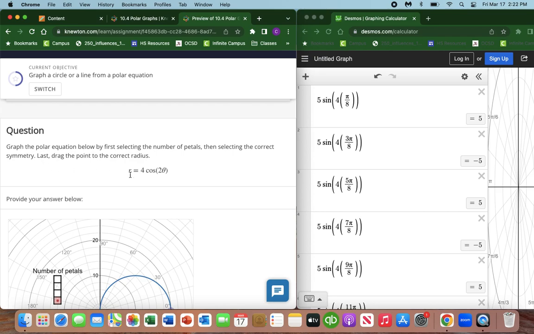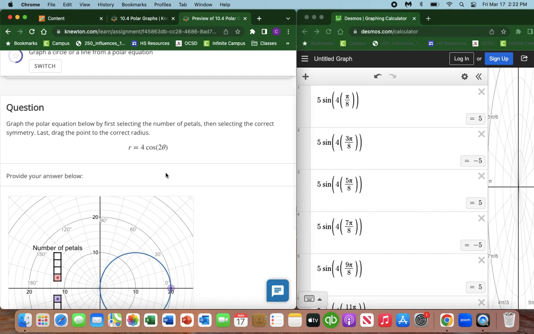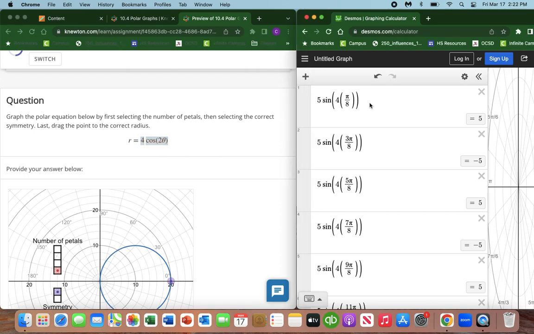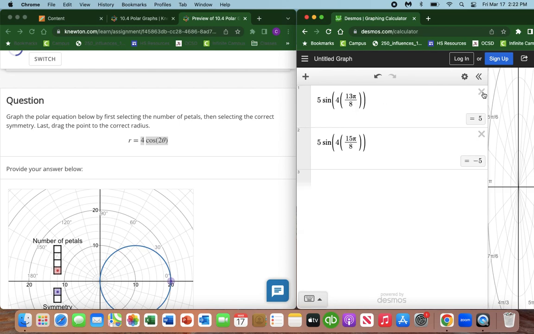Now we're given r equals 4 cosine 2 theta. And again, we have an even number here, so we're going to end up with 4 petals there because 2 times 2 is 4. Let's go ahead and take that equation. Cross all these out. I got quite a few of them. We'll take that equation.